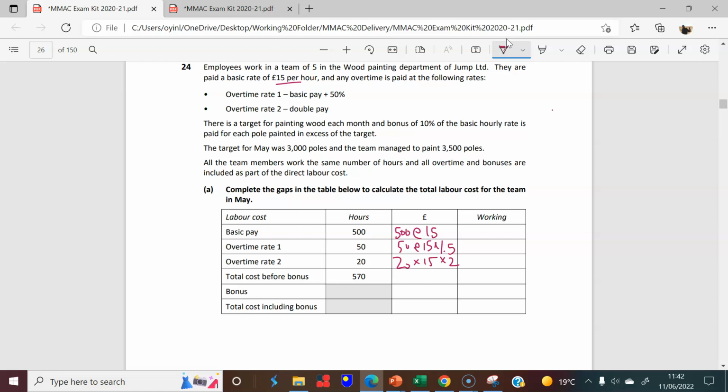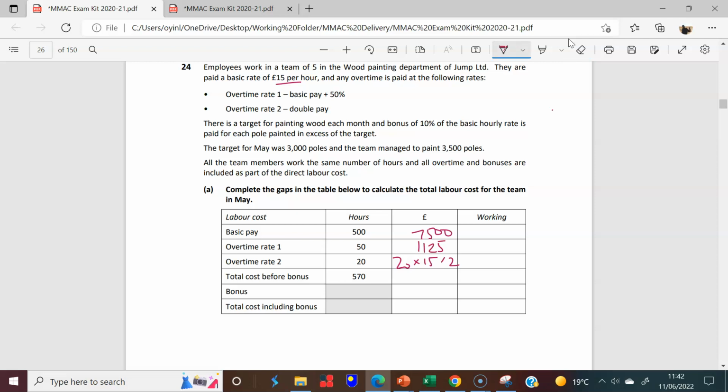I'll calculate them and then erase. So 500 times 15 is 7,500. Then you have 50 times 15 times 1.5, which is 1125.